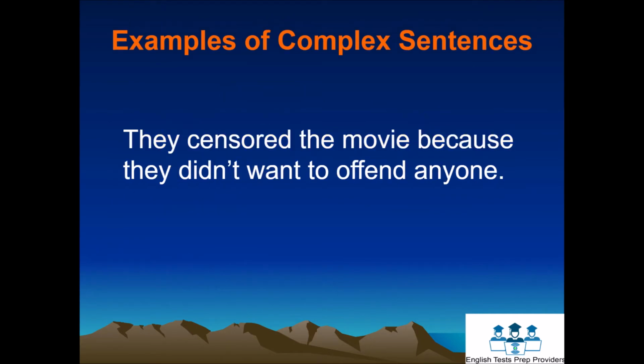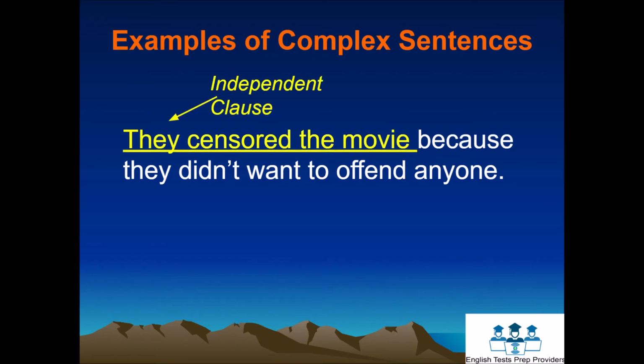Okay, examples of complex structures or complex sentences. They censored the movie because they didn't want to offend anyone. So what do you think are our clauses here? The first is we're going to look for the independent. They censored the movie is a complete sentence, so it can stand alone.